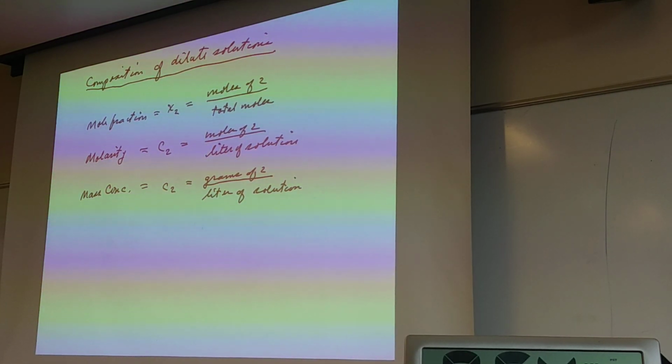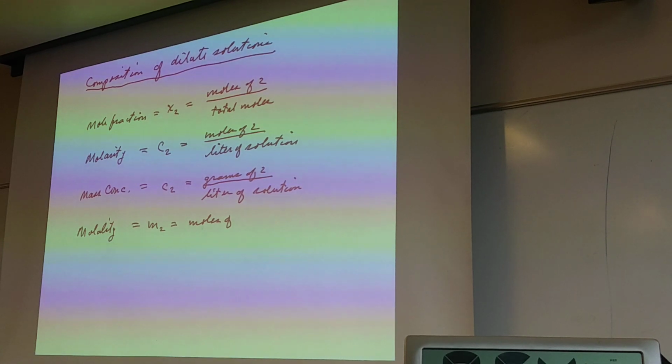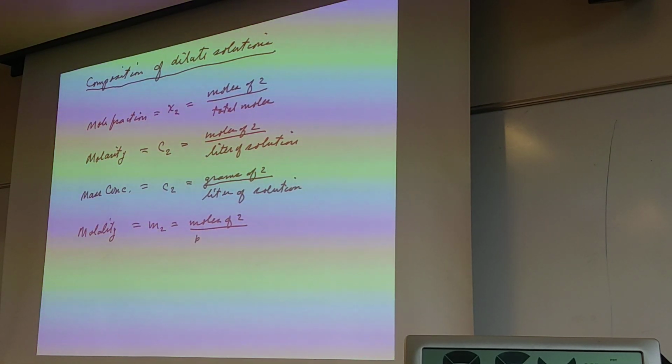And then the last really important one that I want to get to is a different type of animal, and that's the molality. We use a lowercase m for that, and that's equal to moles of 2 per kilogram of solvent.